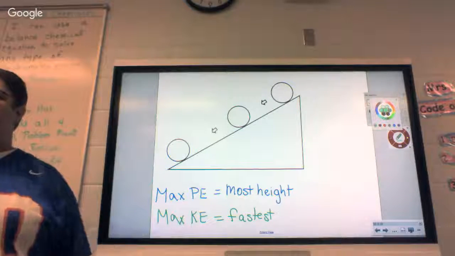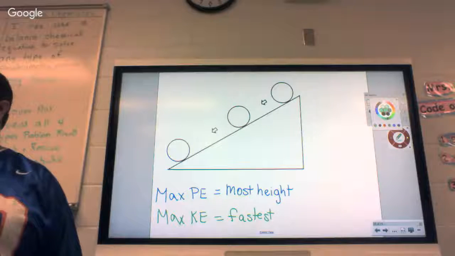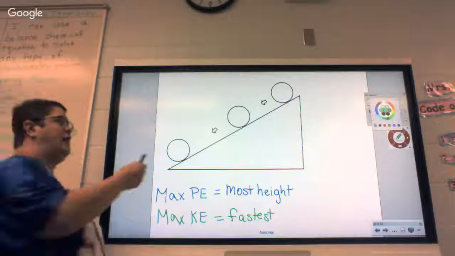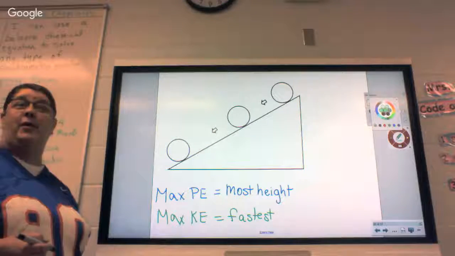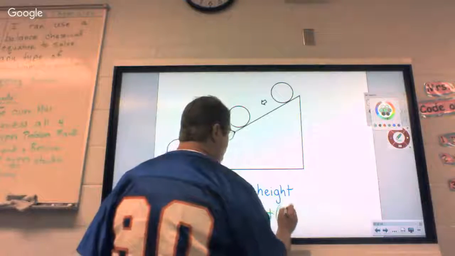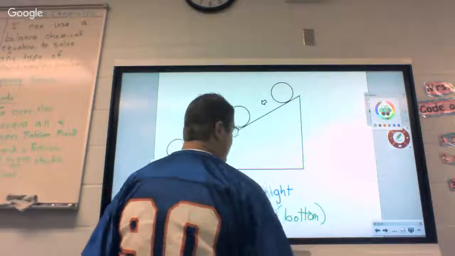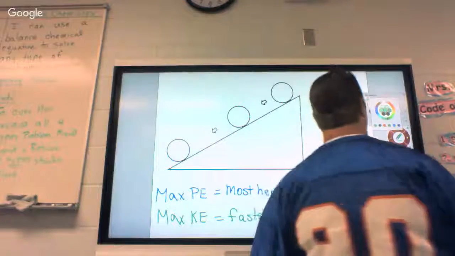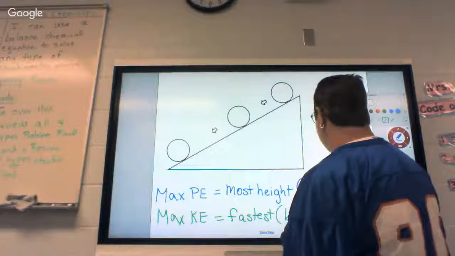So where in the picture will it always be going the fastest? When it's going down. At the bottom. It's always the fastest at the bottom. It always has the most height at the top.